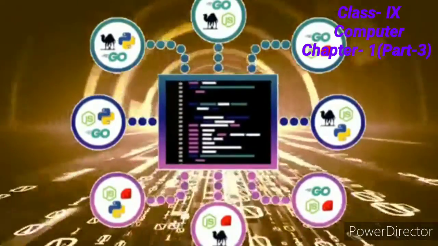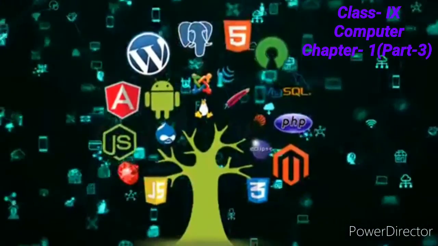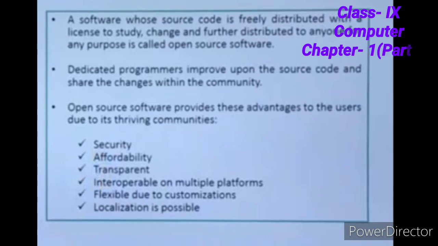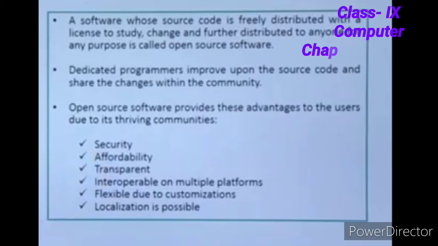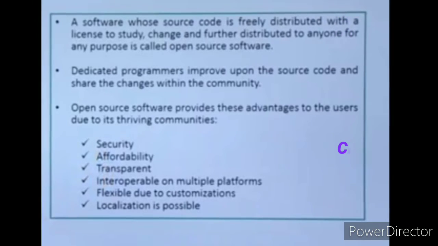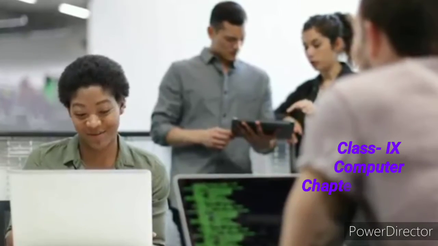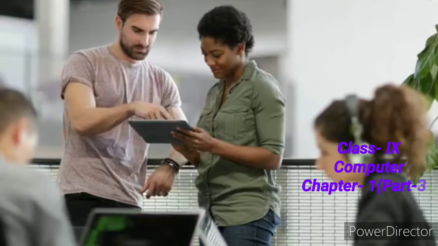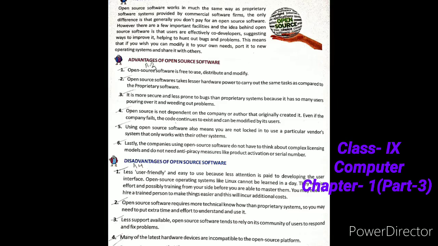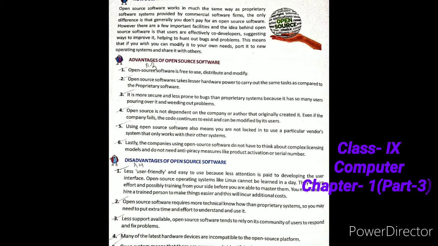Someone who wants to develop a software but can't afford to build it from scratch, does not have the time, the expertise, or much money, can take open software that is related to it, and then just develop or customize it according to their own needs. That much flexible, you can use it further. So that is what open source is.